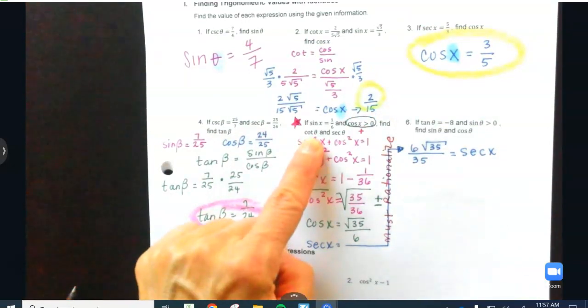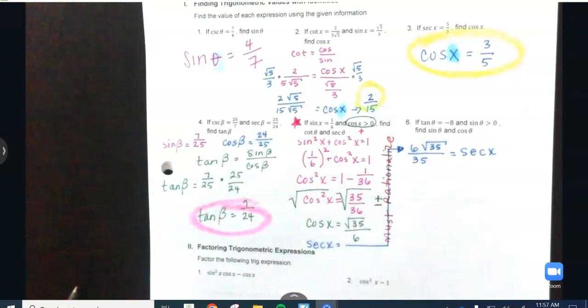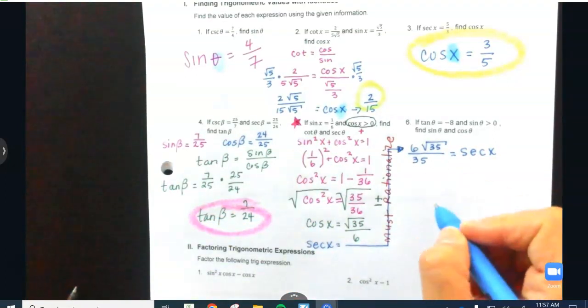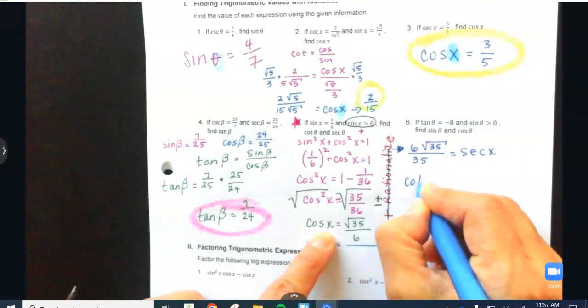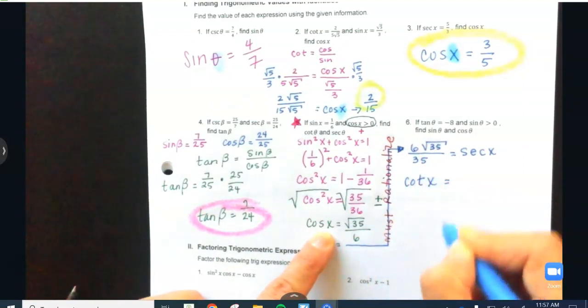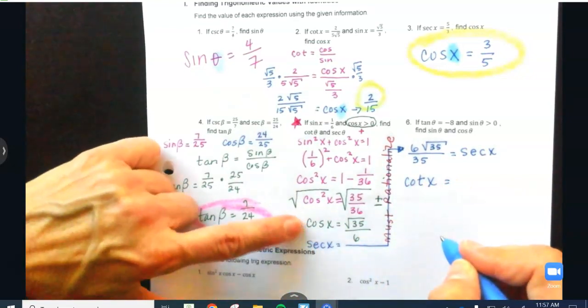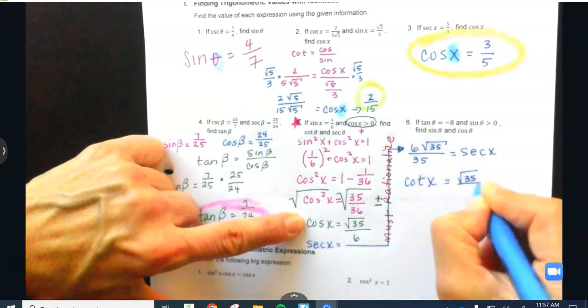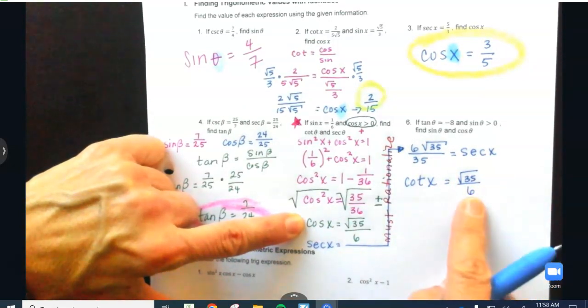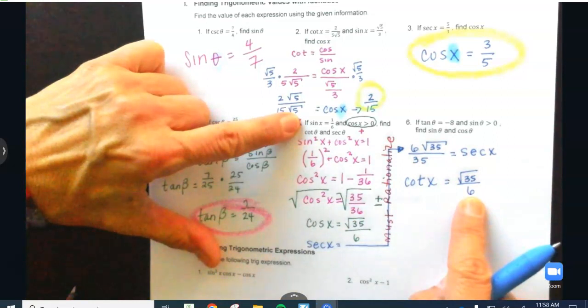Now we've got to find cotangent. Remember, cotangent is going to be cosine divided by sine. So cotangent of x is going to be cosine. Remember, I wrote it in green right here. And what is it divided by? It's divided by sine.